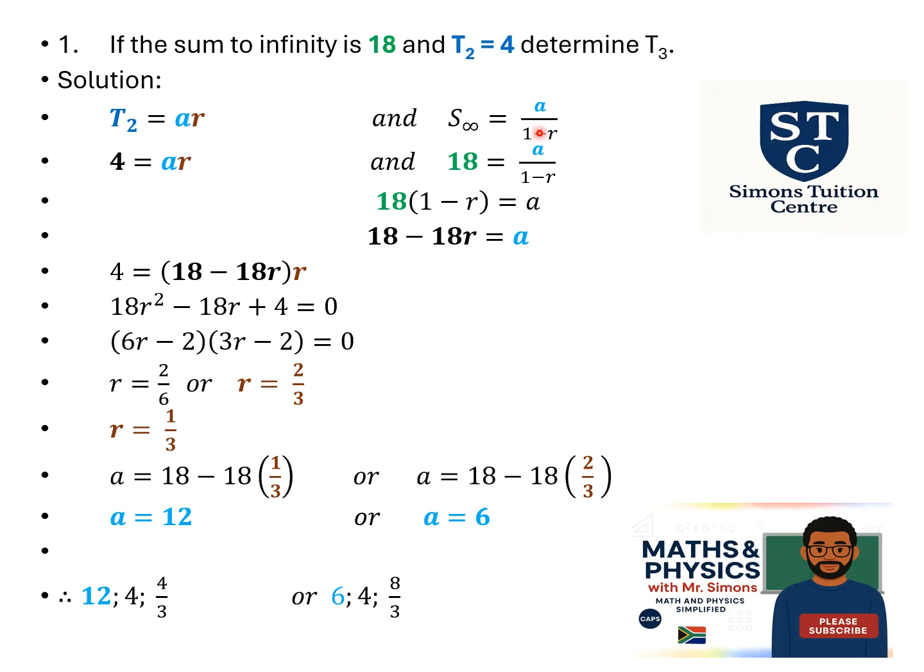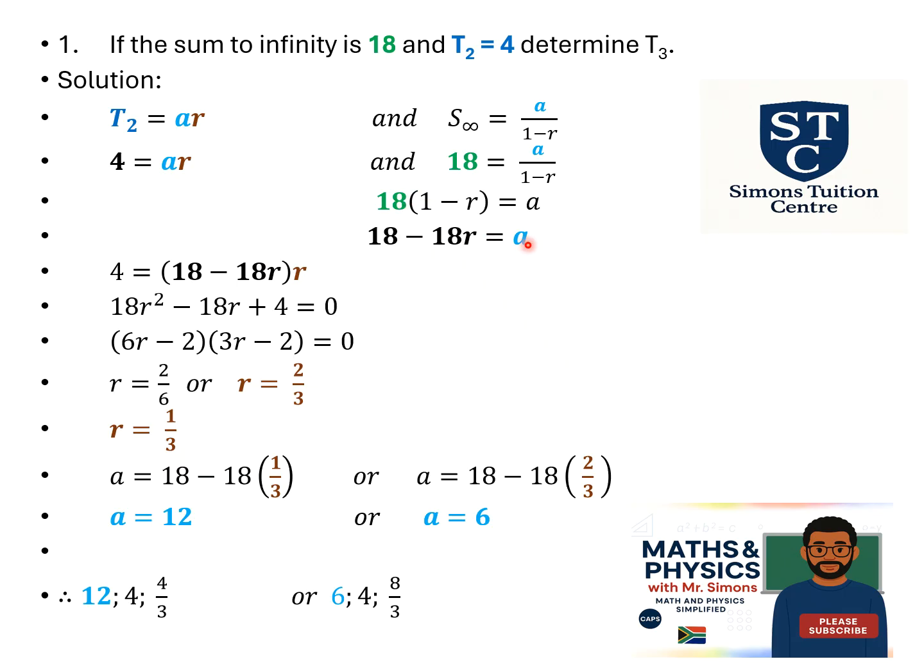Sum to infinity is a divided by 1 minus r, and it is 18. Multiplying the denominator away, 18 times 1 minus r equals a, which is 18 minus 18r equals a.